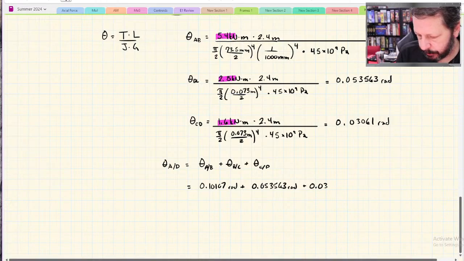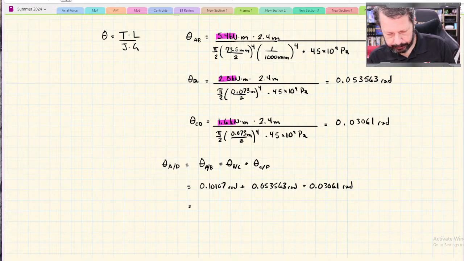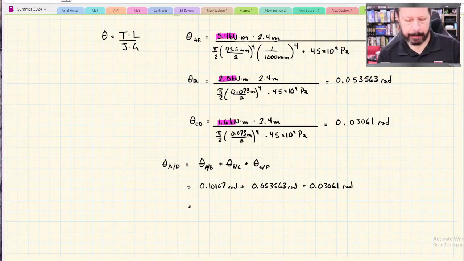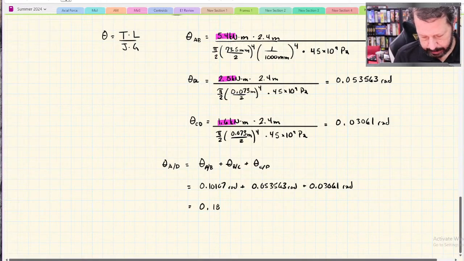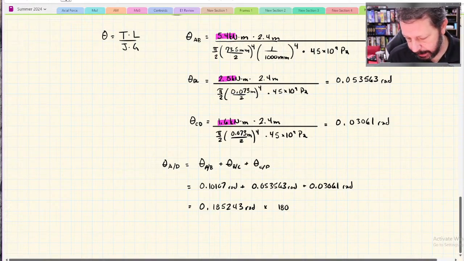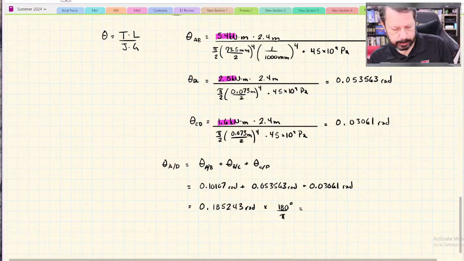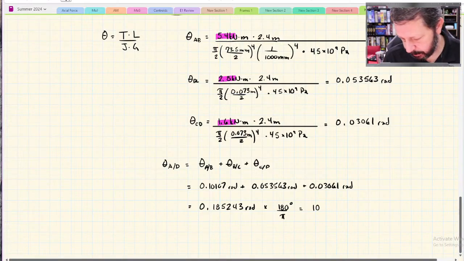Plus 0.03061 radians equals, let's see, 0.10107 plus 0.053563 plus 0.03061, 0.18523 radians. If I want to know degrees, I multiply times 180 degrees per pi, and I get 10.614 degrees.